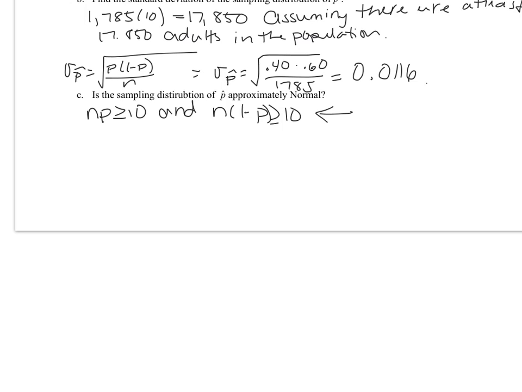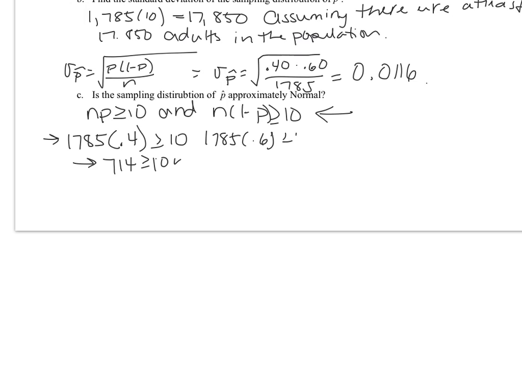So we're going to take 1,785 times 0.4. So again, notice that we use the 0.4 number. And we're looking to see if that's greater than or equal to 10. So I have 714, which is greater than or equal to 10. So you have to show this step as well, where it's larger. So don't leave out these steps. And then we have 1,785 times 0.6.